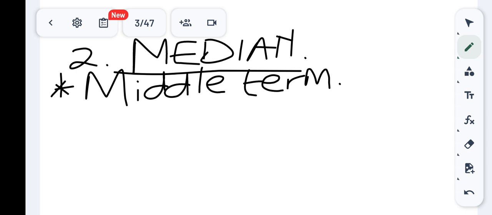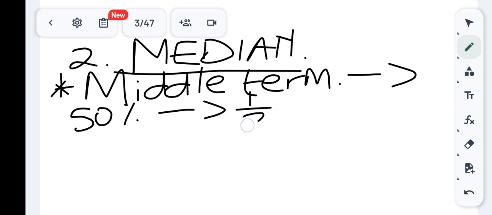This middle term is the value below which 50% of the items in a set of data fall. So in simple words, this is the middle term. The reason why we call it a middle term is because it contains 50% of the items in a set of data. 50% as a fraction is 1/2.